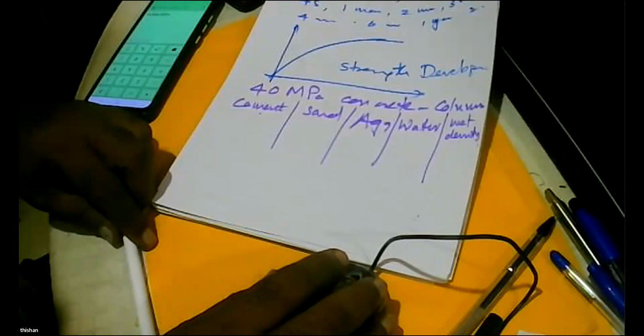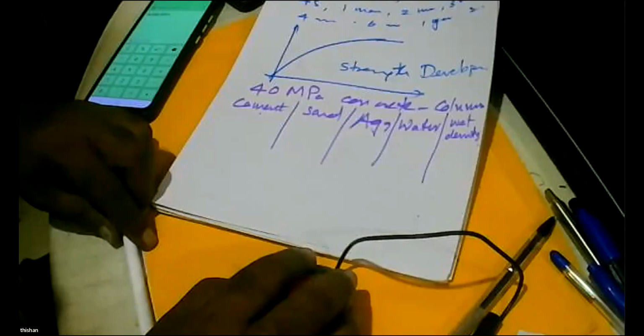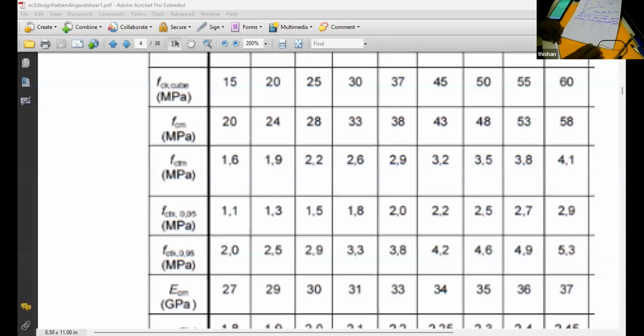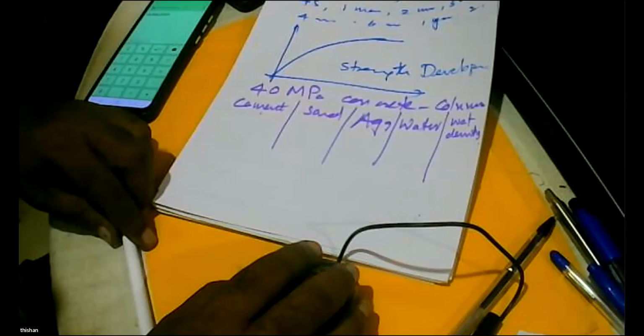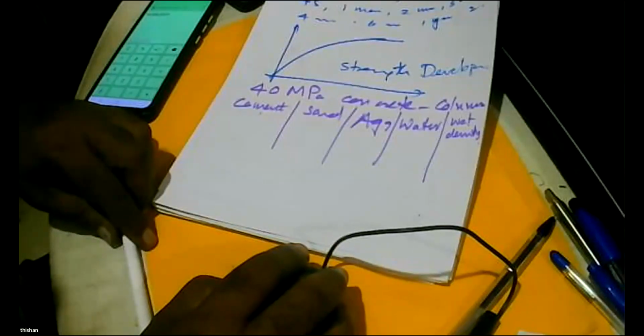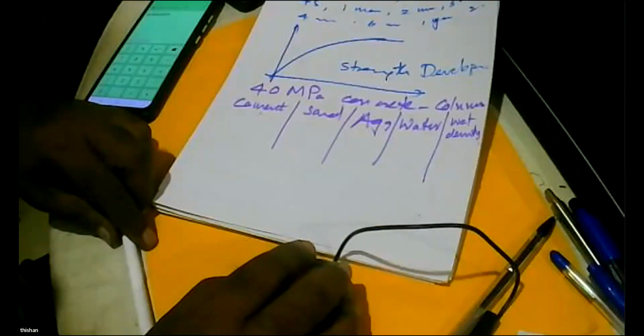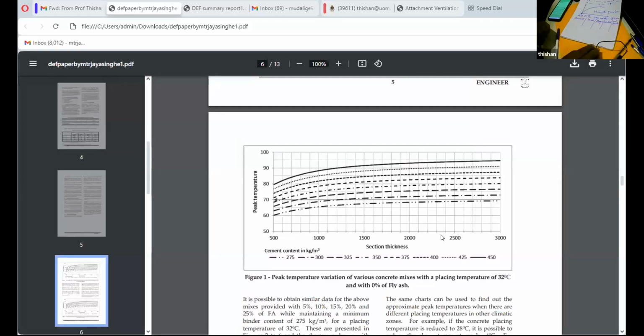I'm sharing the screen now. Now you can see the screen, and I'm having 1.2 meter by 1.2 meter columns.